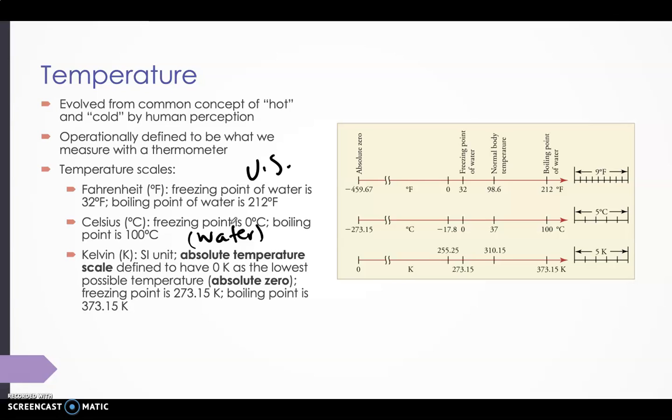Okay, and the last temperature unit or scale we have here is called Kelvin, and it's denoted with just a K, so no degrees K, it's just Kelvin, okay? This is an SI unit, so our scientific unit. It is the absolute temperature scale, and it's defined to have 0 Kelvin as the lowest possible temperature. So you know that in Fahrenheit, we can get below 0 degrees Fahrenheit, right?